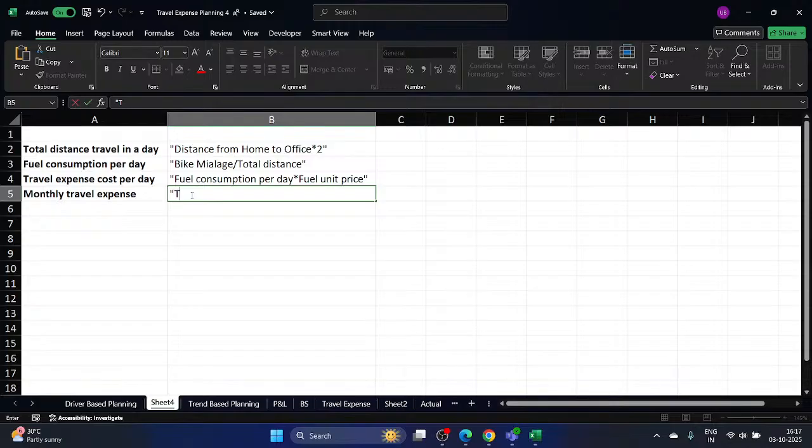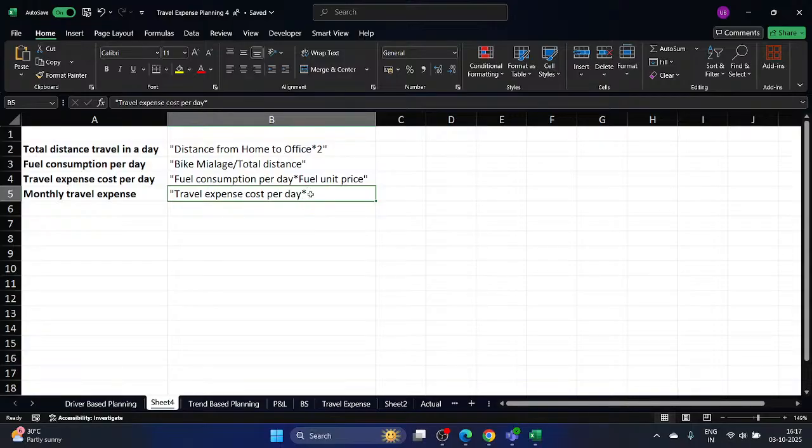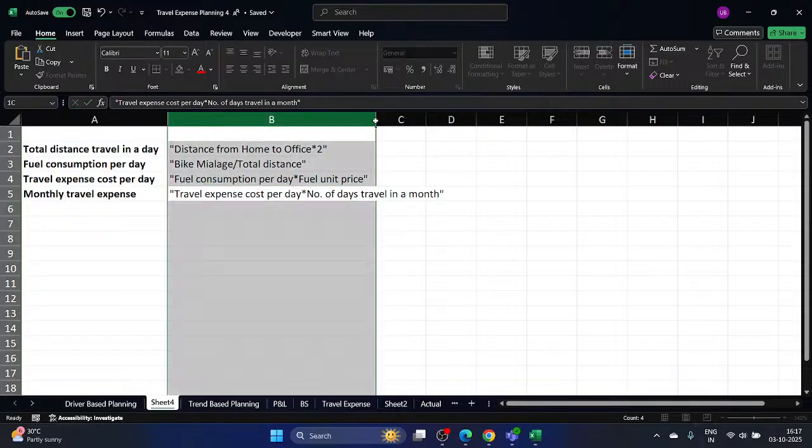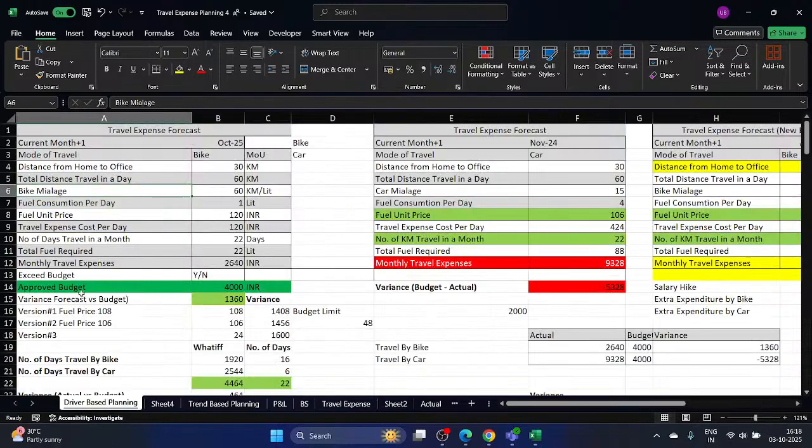Here it could be travel expense cost per day multiplied by number of days travel in a month, total fuel required, monthly travel.